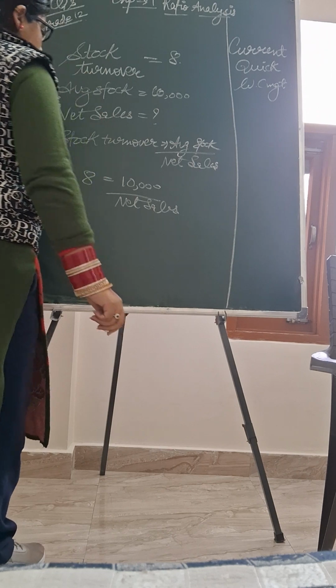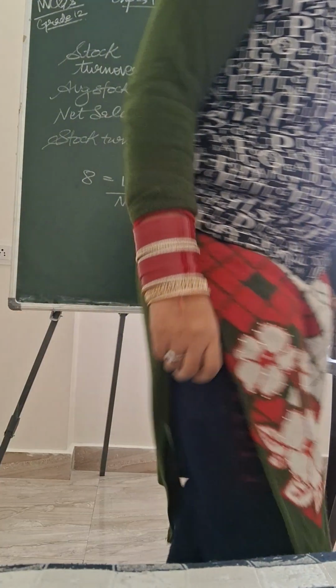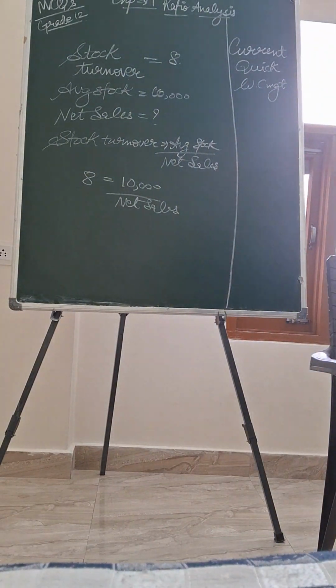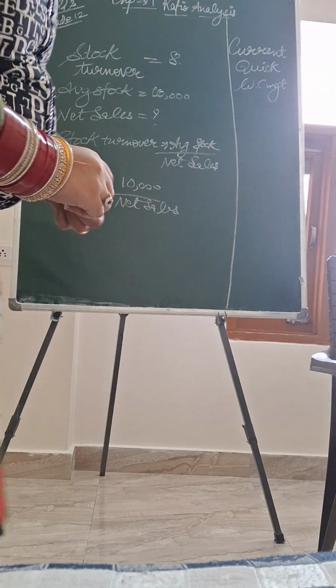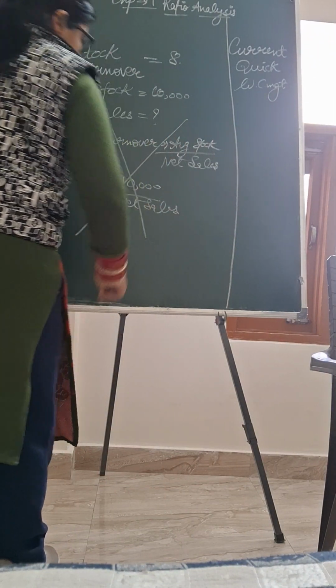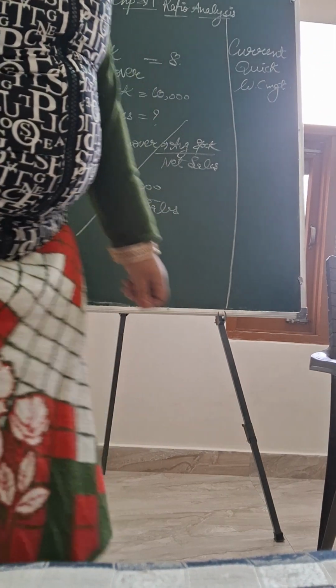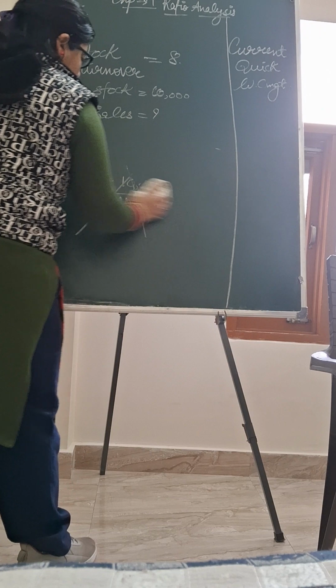This is one way to find the stock turnover. But again here, this is the incorrect way. I am always telling you the incorrect way first, then secondly I tell you the correct way. This is my way to deal with accounts. So who will tell me the formula for stock turnover?